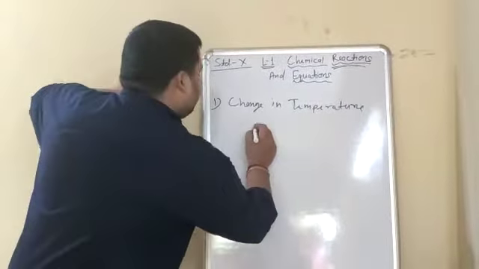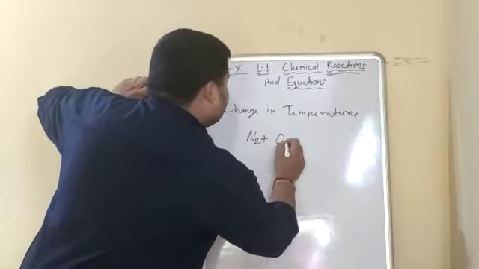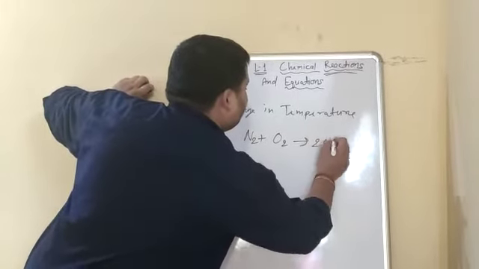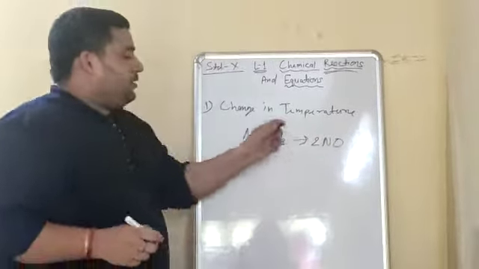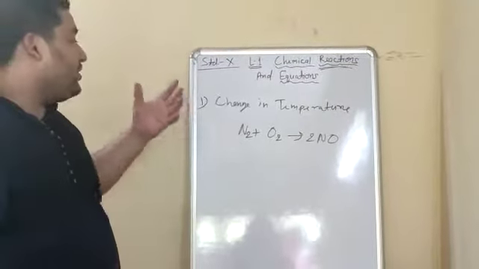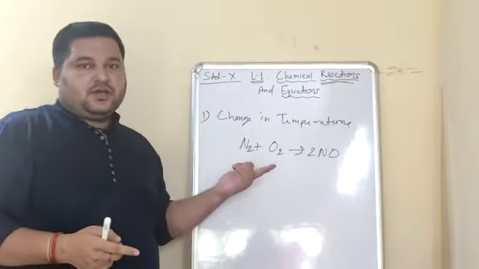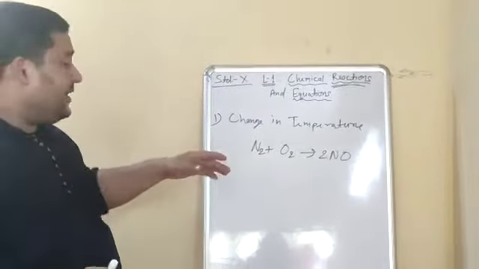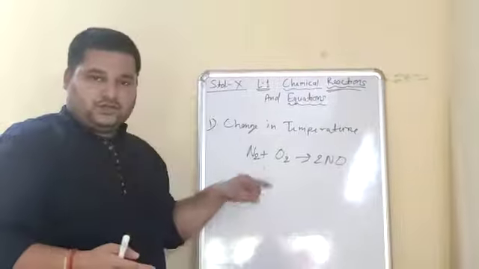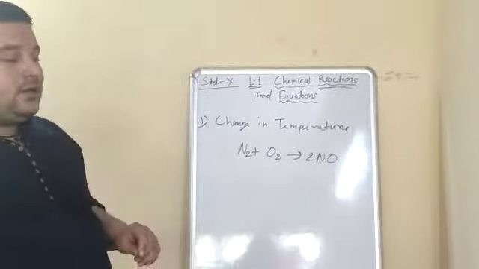Another example you can take, nitrogen plus oxygen. So here nitrogen monoxide is formed. In this process lot of heat is absorbed, so temperature is changed. So in any chemical reaction, if temperature is changing, you can say that it is a chemical reaction.